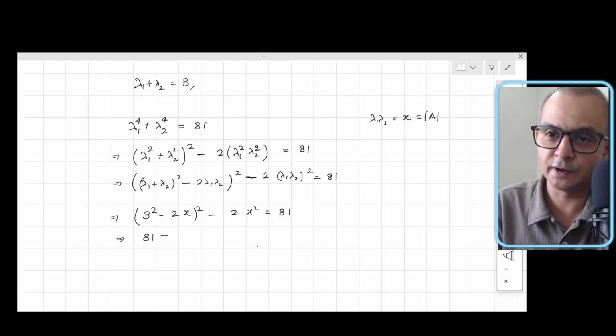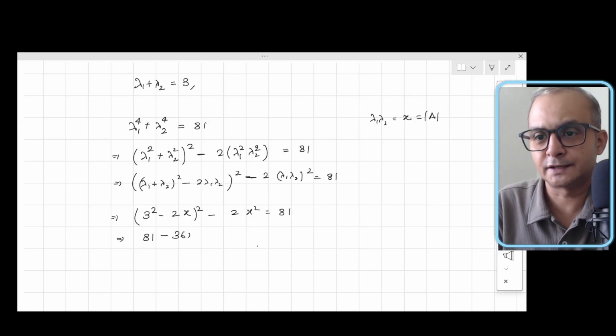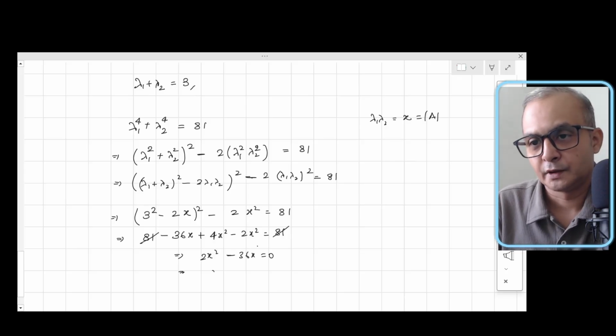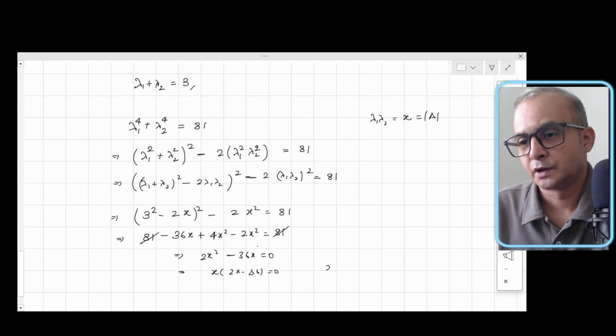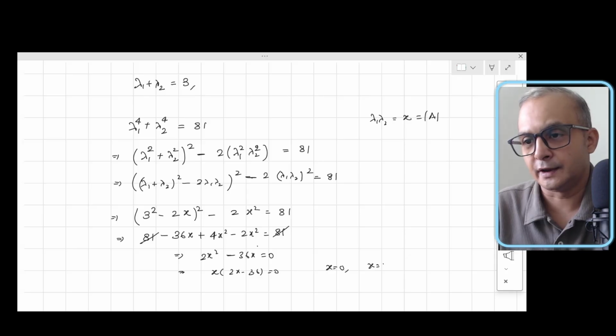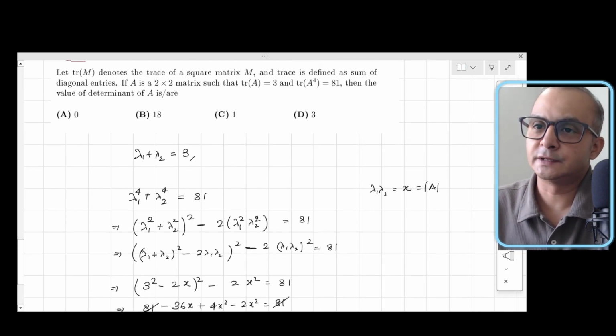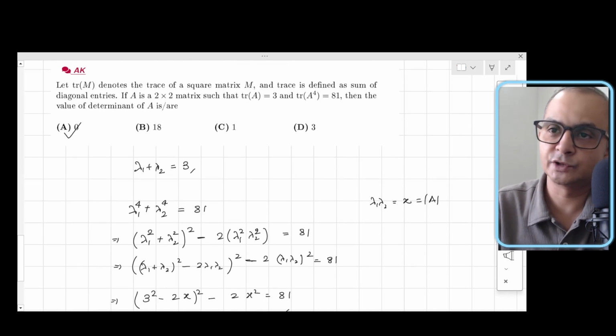That gives 81 minus 36x plus 4x square minus 2x square is equal to 81. The 81 gets cancelled, so I'm getting 2x square minus 36x is equal to 0. So x equals 0 and x equals 18. These are the two solutions we have, meaning the determinant can be 0 and also 18.